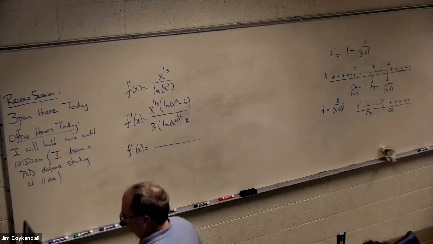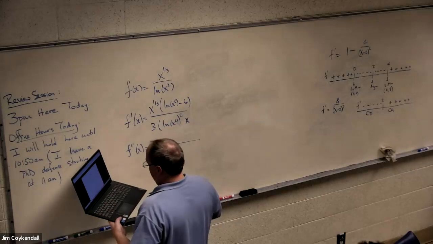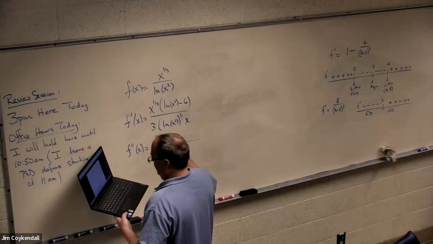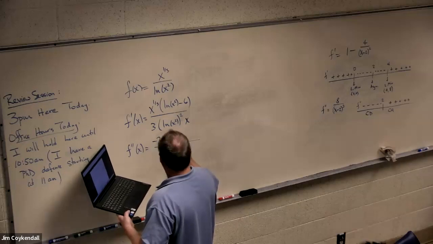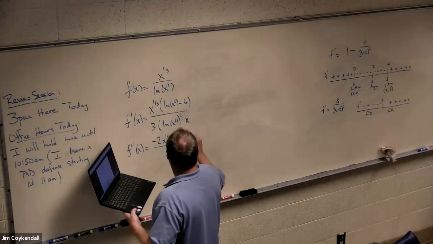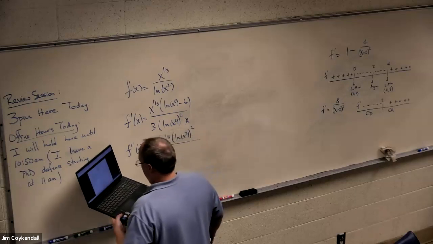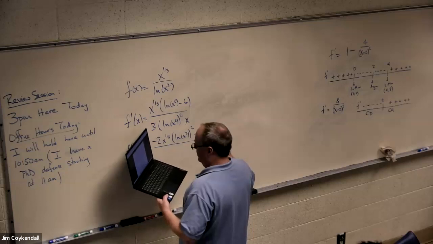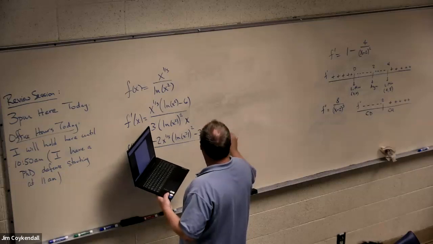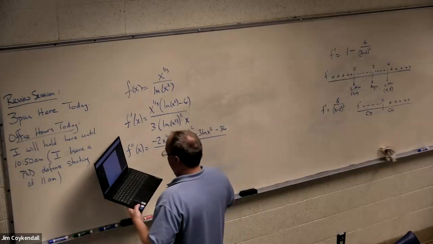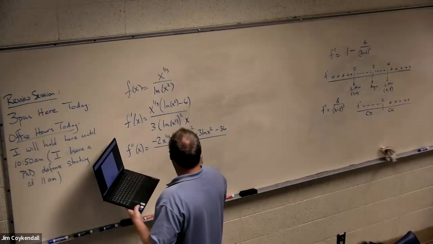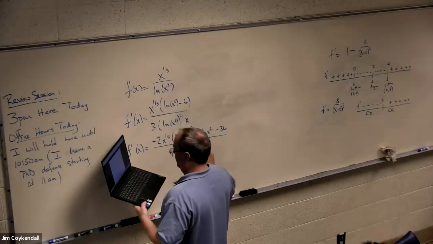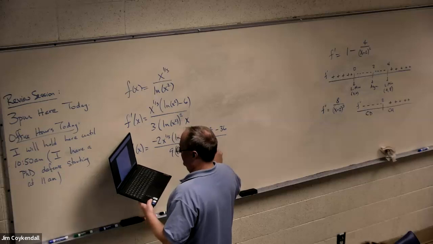I did give you a hint on this one. Minus 2x to the 1/3 times log of x squared minus 3 log of x squared minus 36, over 9 log x squared cubed times x squared.